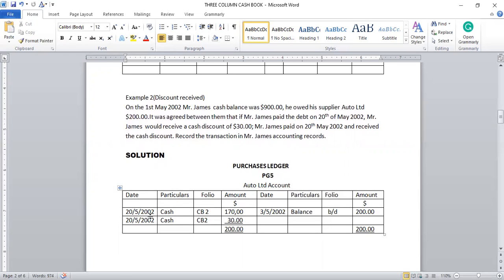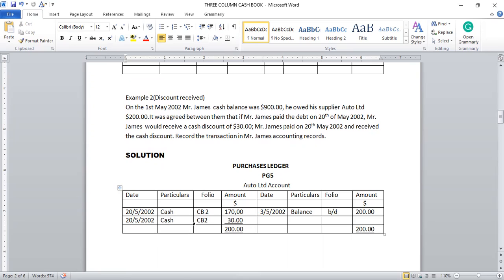So Auto Limited was paid and received the money, so we debit him, according to the double entry principle. 20th May 2002, that's the date, particulars, cash, folio, cash book page 2, assuming it can be found in cash book page 2 as the corresponding entry. Amount $170.